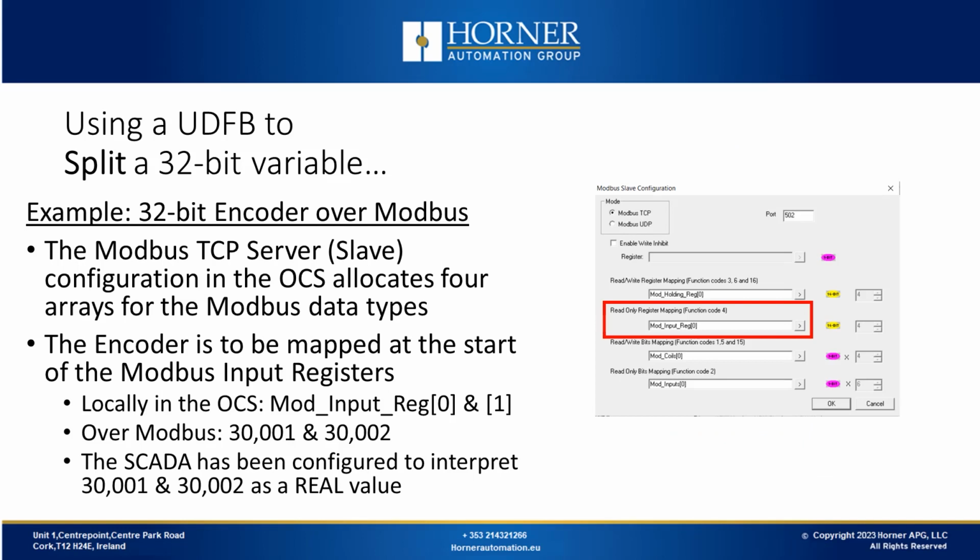The Modbus TCP server configuration in the OCS allocates 4 arrays for the Modbus data types. The encoder is to be mapped at the start of the Modbus input registers, for example, Modbus addresses 30,001 and 30,002.